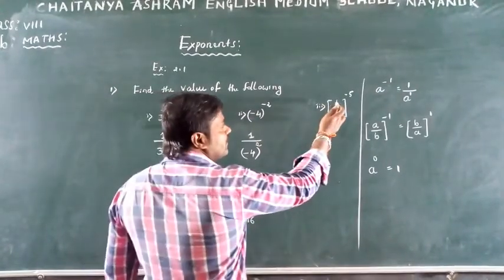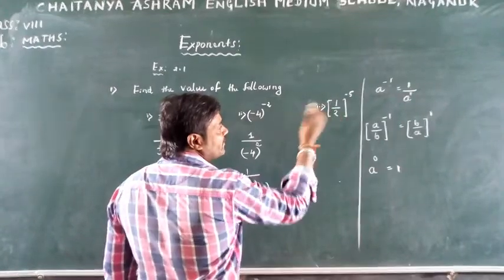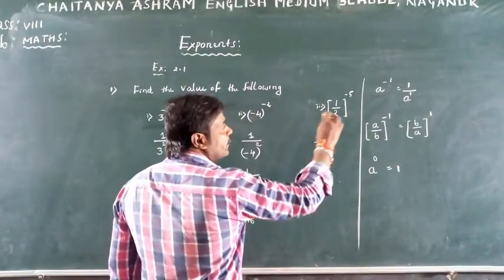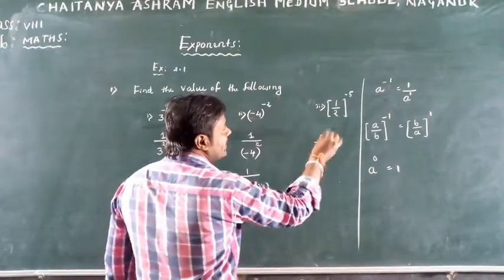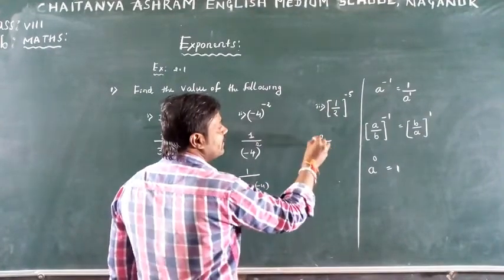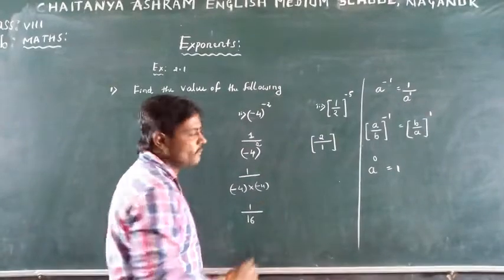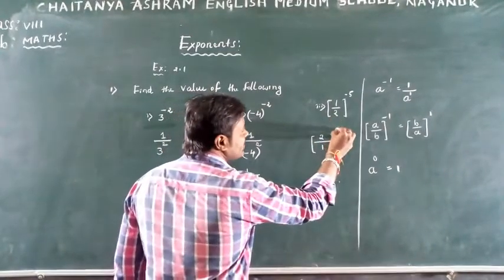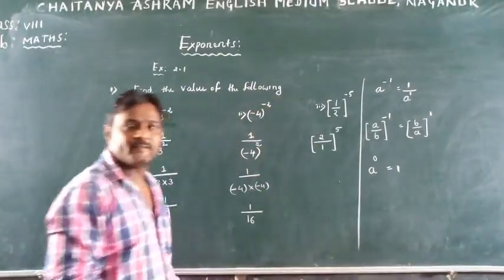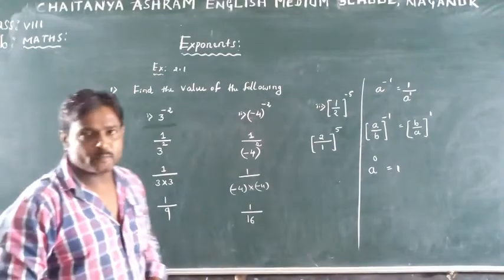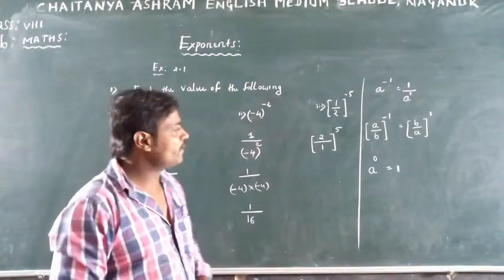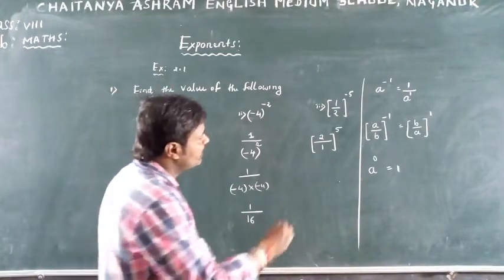So change the numerator and denominator, that is write 2 in the numerator and 1 in the denominator, and instead of minus 5, write its power as plus 5. This is the conversion of negative exponent to positive exponent. Then simplify.